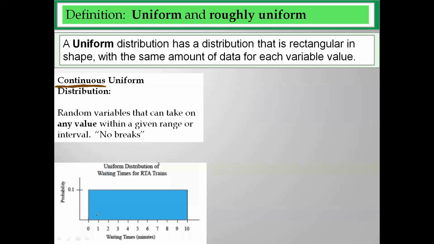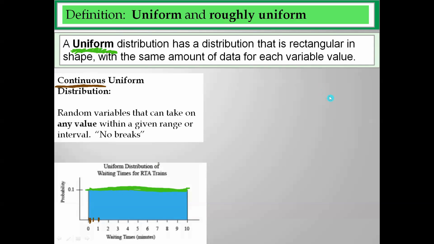Since time can be broken up into infinitely smaller time frames, we have 1 minute, we can have half a minute, we can have a quarter of a minute, a tenth of a minute, etc. So this causes our distribution to be continuous. So then how do we understand that it is uniform? In any one of these time frames here, the likelihood of the train showing up is the same no matter what. And that's continuous uniform distribution.